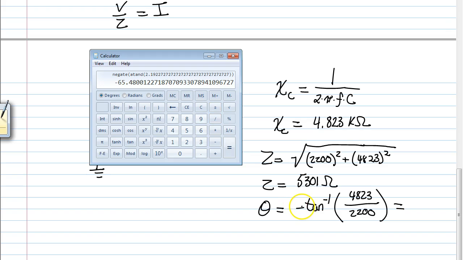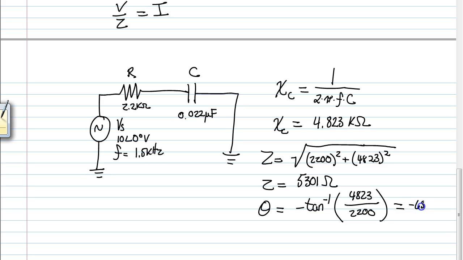So 65.48 or 65.5 degrees negative. There it is. So overall, we say the impedance is equal to 5.30 negative 65.5 degrees kiloohms.